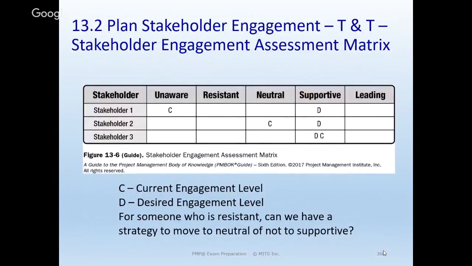Here's a chart out of the PMBOK, which I wish they'd expanded a little bit more, but C would be the current level of engagement, and D would be our desired level. In C, we're trying to move everyone to be supportive here. I wish they had resistant in there. They don't. But with resistant, even if we got them to be neutral, not fighting us all the time, that might be better than fighting with them all the time. We could make them supportive, even better.